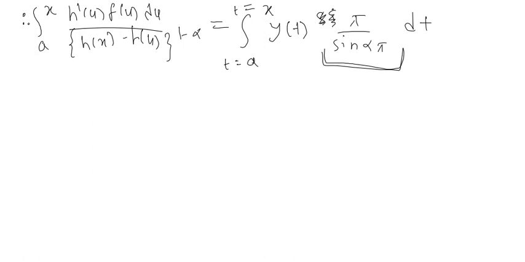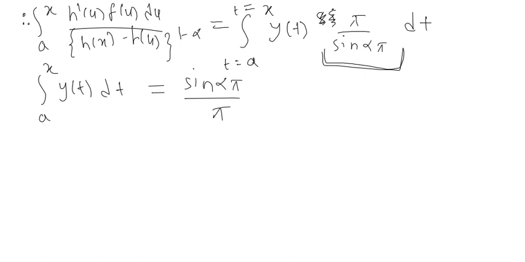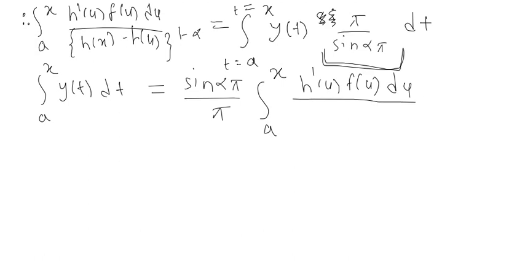So now I will get the integral from a to x y of t dt equal to, taking this on the other side, sine of alpha pi by pi, integral from a to x h dash of u f of u du divided by h of x minus h of u whole thing raised to 1 minus alpha.